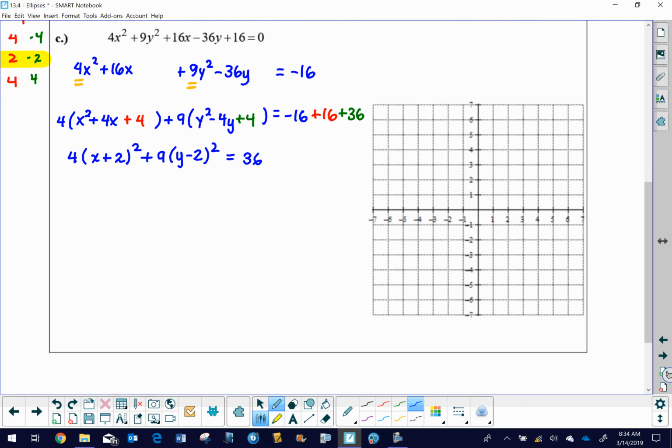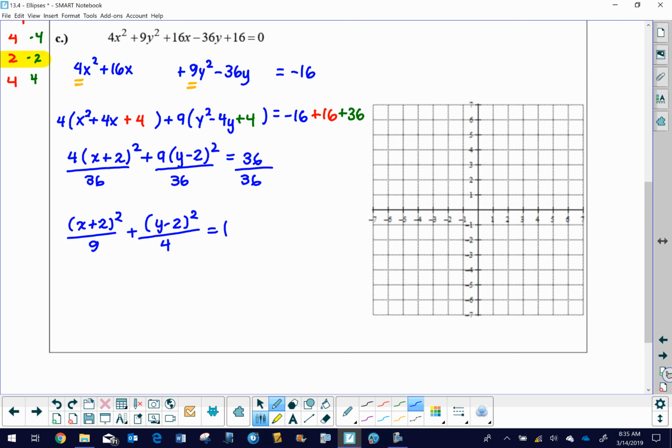So we want this 36 to become a 1, and the easy way to do that would be to divide every single term in your equation by 36. That's going to cause some reducing over here to get (x + 2) squared over 9, and then add (y - 2) squared over 4, and now we have our 1.